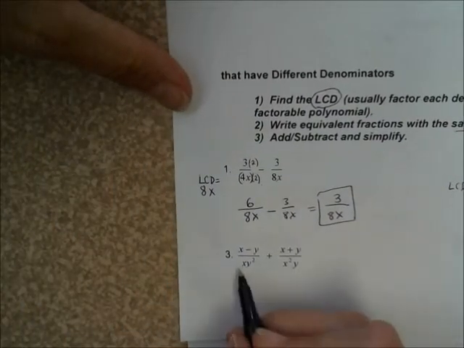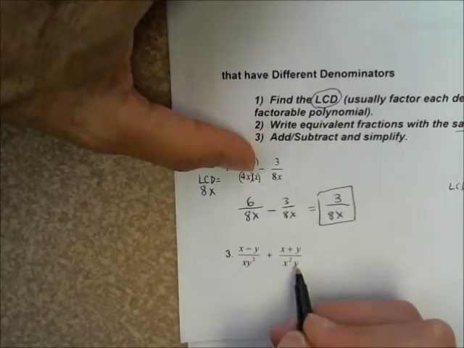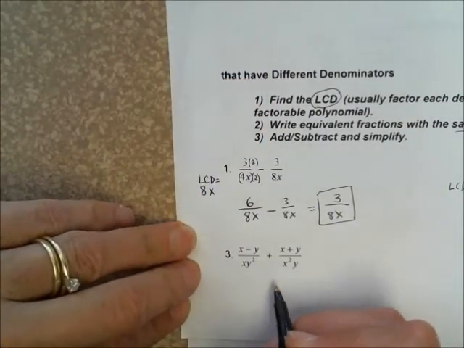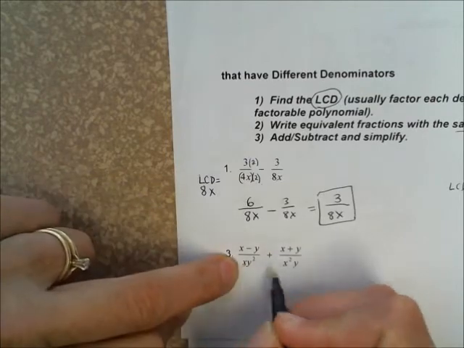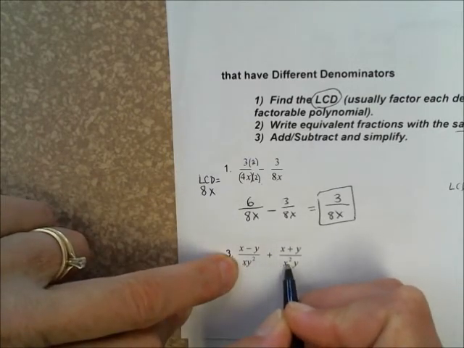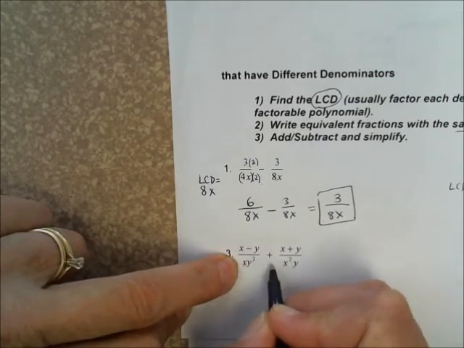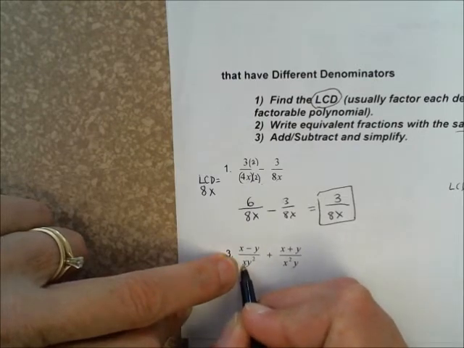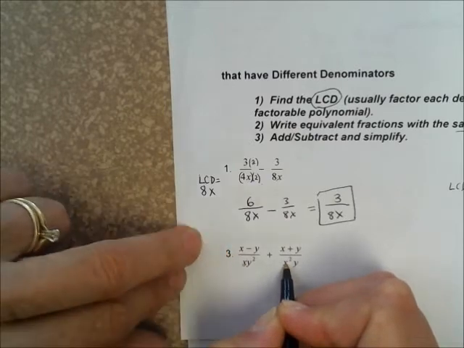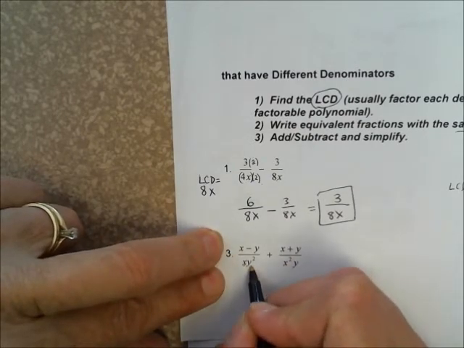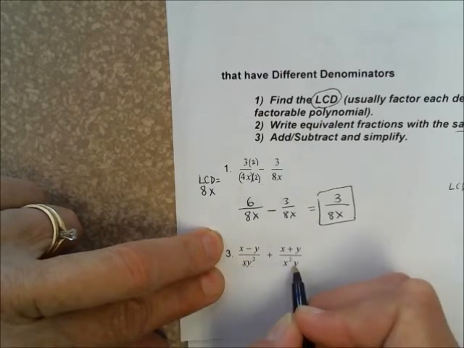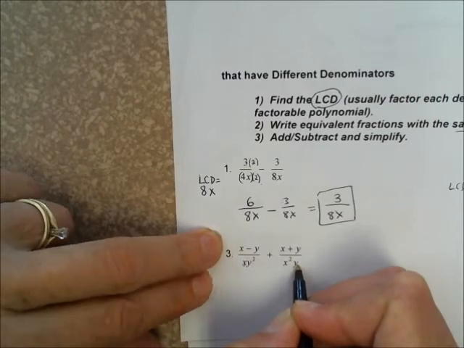Now this one is a really tricky denominator to figure out which one is the least common denominator. Well, we have 1x here, and we have 1x squared here. So if we multiply this by an x, we can get up to an x squared here. And we have a y here, but we have a y squared here. So if we multiply this by y, we're going to have a y squared over here.